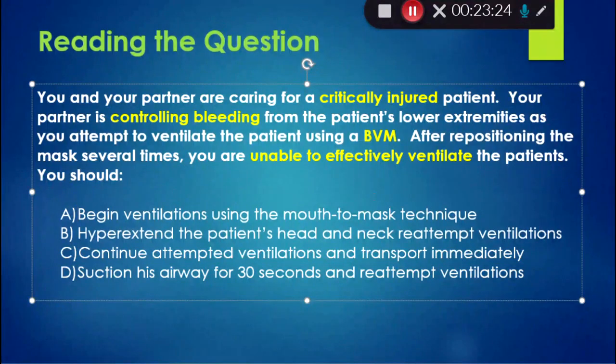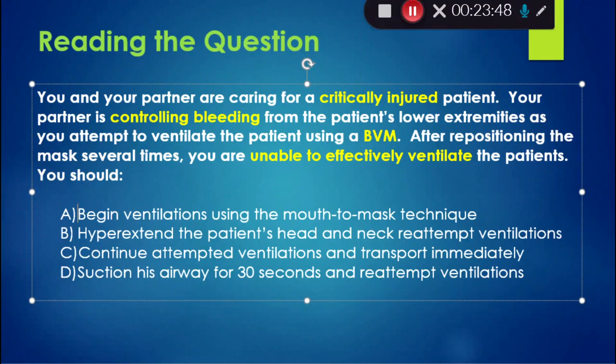So I've repositioned the mask several times and I'm unable to ventilate this patient. So let's look here. Begin ventilating using mouth to mask technique. That's not wrong. My question is why?